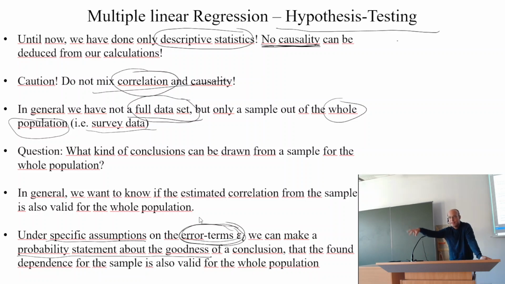Still, there is a risk that other things happen, but then I can say with probability 95%. And maybe this is enough for my decision in my company. Okay.